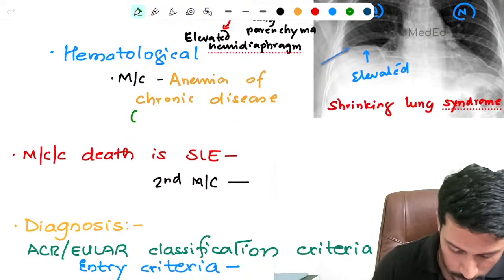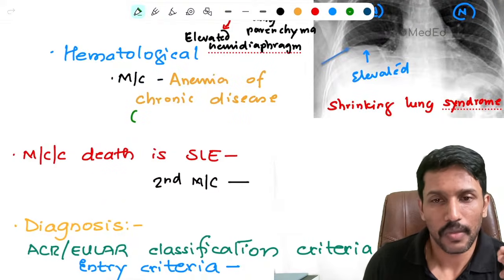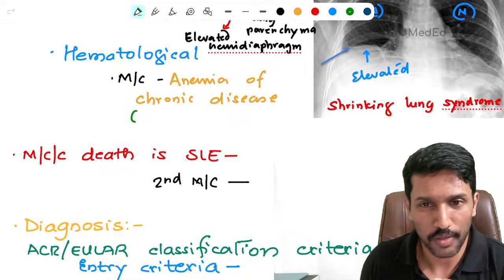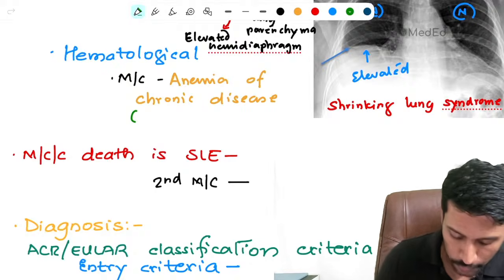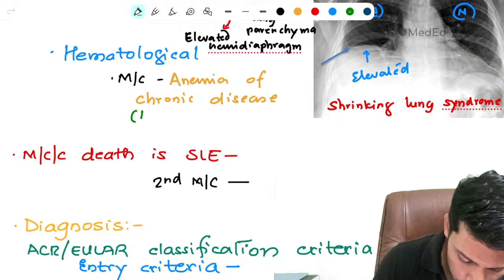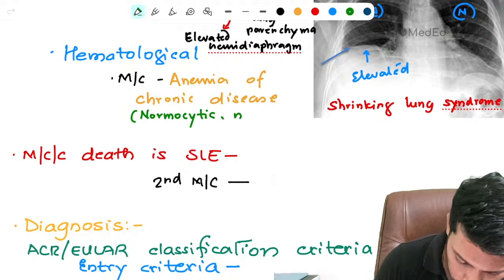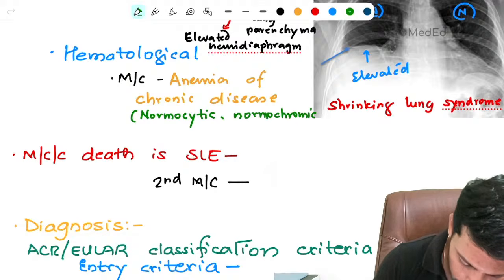So anemia of chronic disease is what type of anemia? Is it microcytic hypochromic, normocytic normochromic, macrocytic hypochromic? Anemia of chronic disease is typically normocytic normochromic anemia.